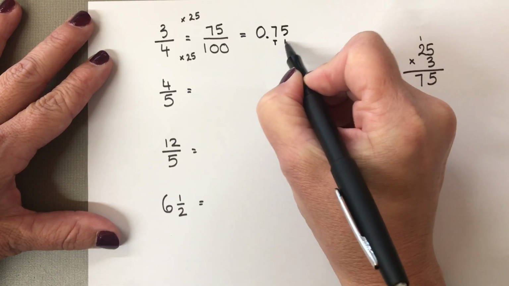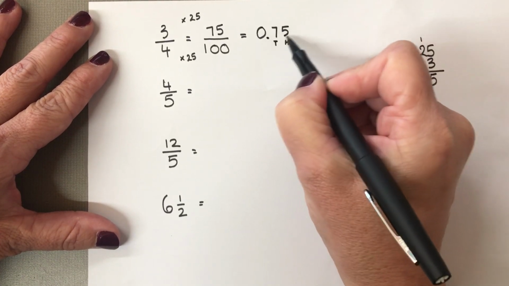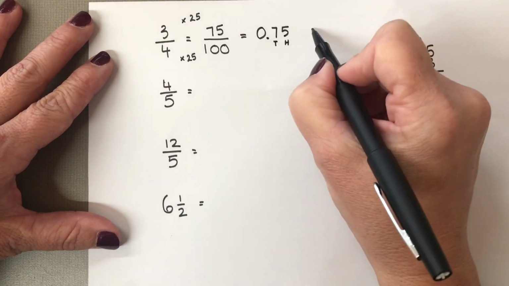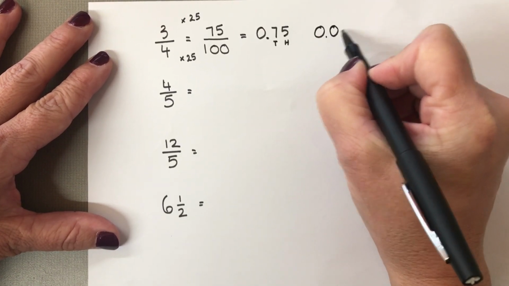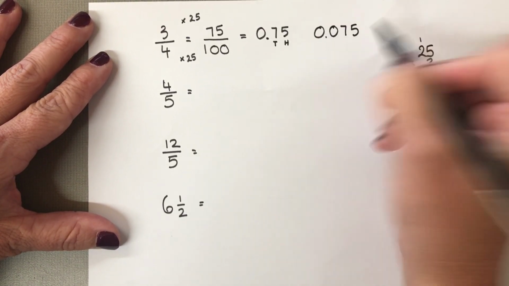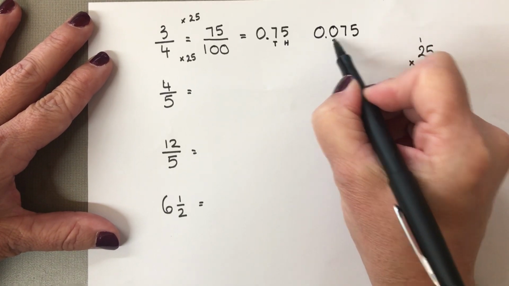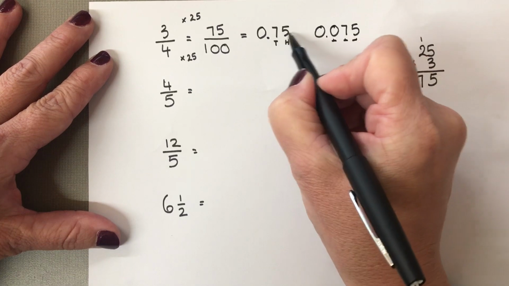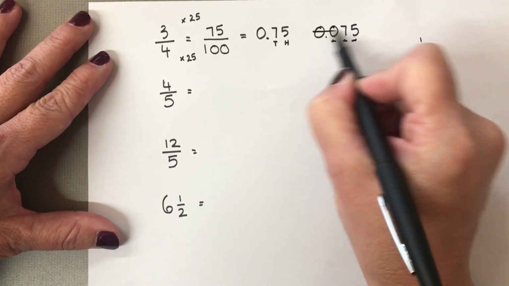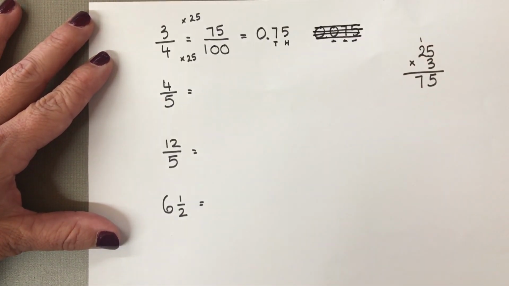This is the tenths, this is the hundredths, so we should make sure that that's 75 hundredths. I often see kiddos do this. Well, there's no tenths because it's out of 100, so I'm going to put 0 there. And then I'm going to put the 75, but no, that doesn't work because when you have 3 numbers after the decimal, that's thousandths. When you have 2 numbers after the decimal, then that's hundredths, so that's not going to work. So be careful with that.